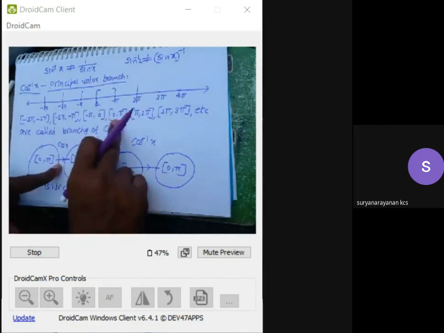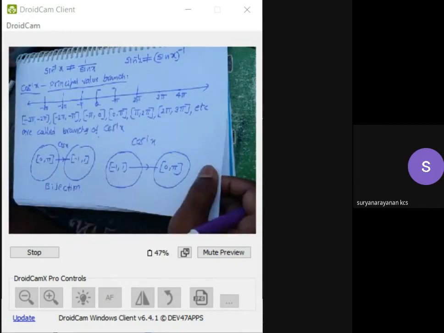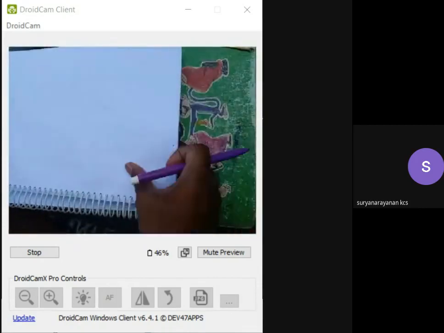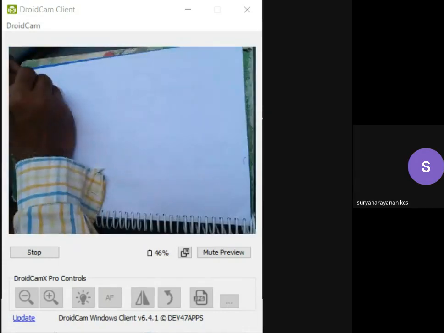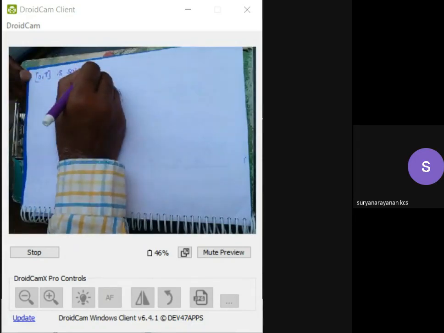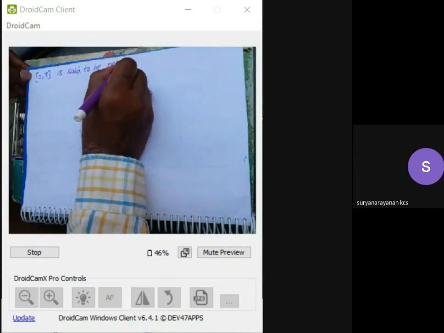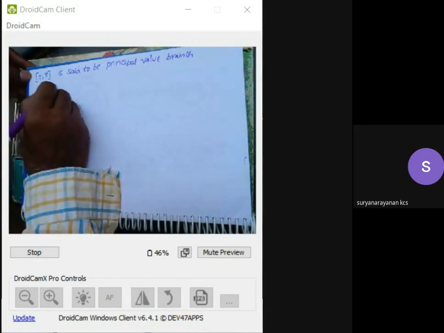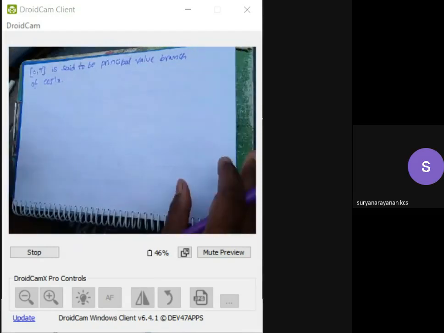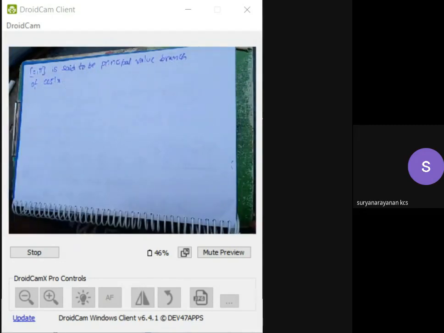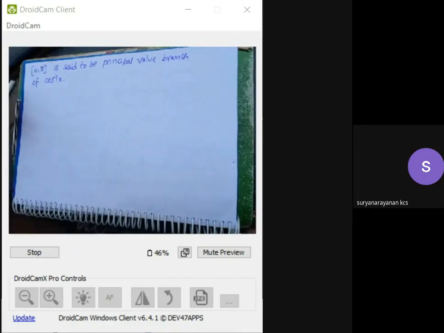But especially closed interval 0, pi is said to be the principal value branch of cos inverse x, and the remaining closed intervals are said to be only branches of cos inverse x.